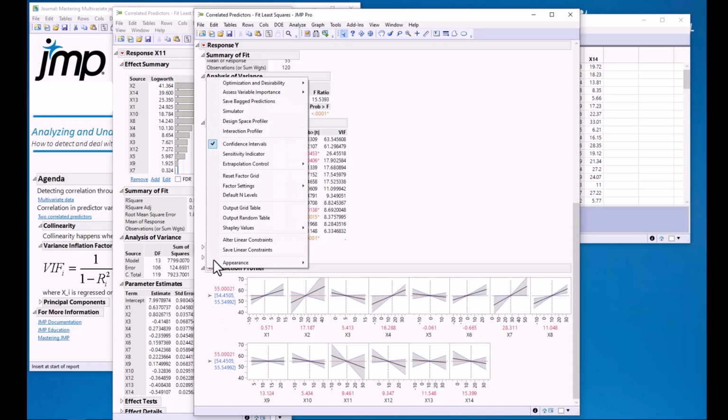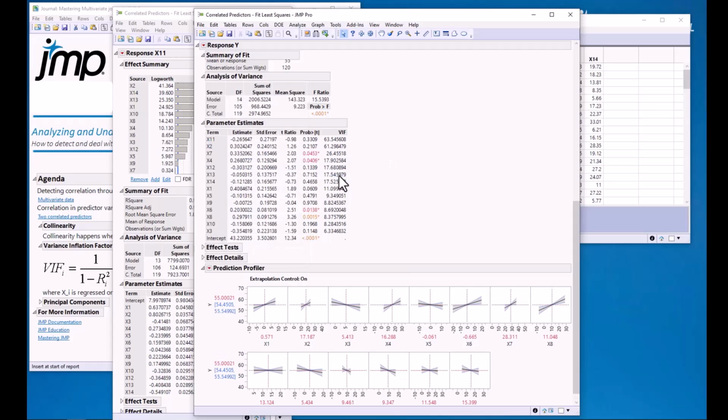The prediction profiler has this nifty feature called extrapolation control that you can turn on. And so you can see here now where the predictions actually make sense. Those lines have shrunk. And in fact, you can move these sliders around. You can shrink the areas even more. And so the areas where JMP is showing me the predictions, where it's showing me the model, are areas where I have data.